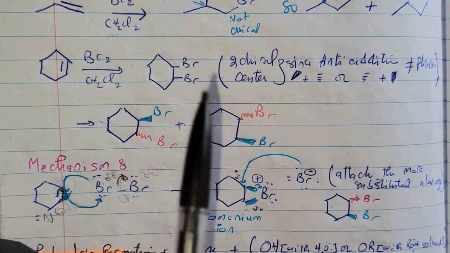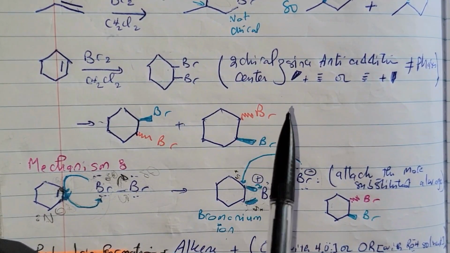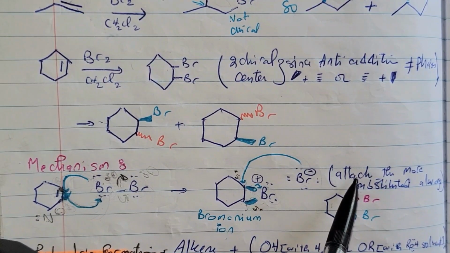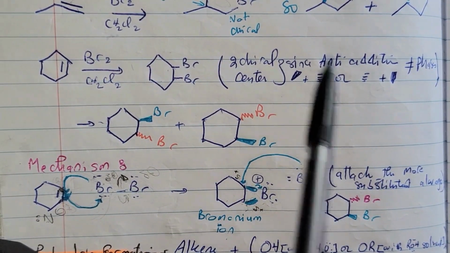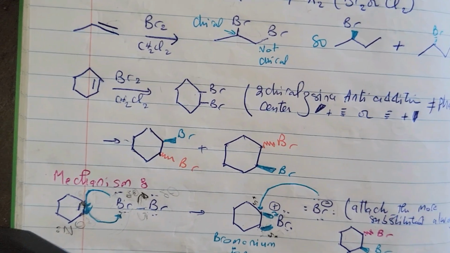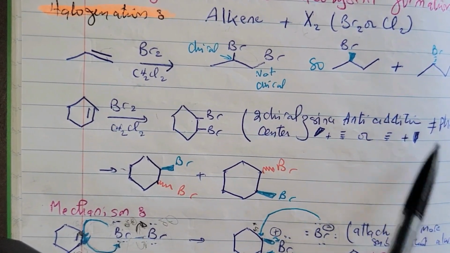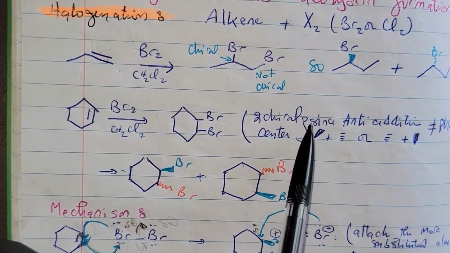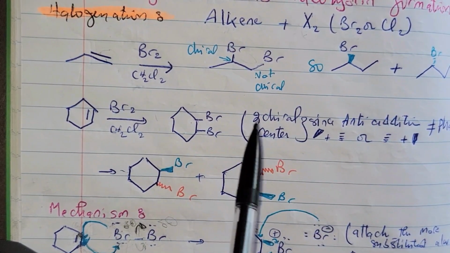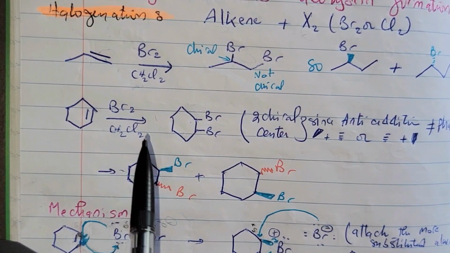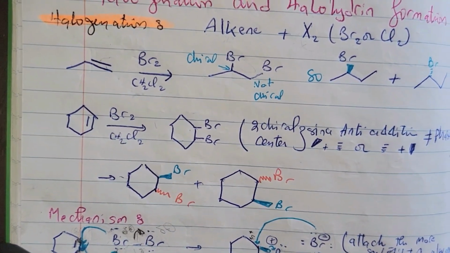But here the halogenation reaction is not regioselective, but it's an anti-addition reaction. An anti-addition reaction means that if there is a chiral carbon formed after the halogenation, we have some priorities.